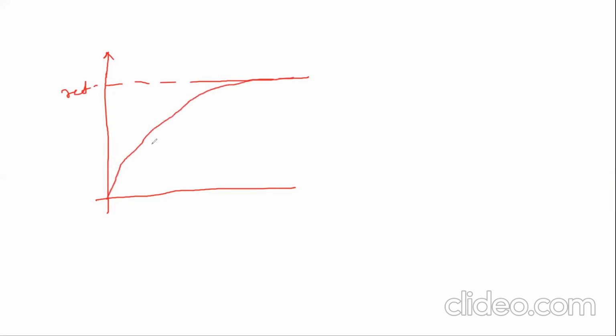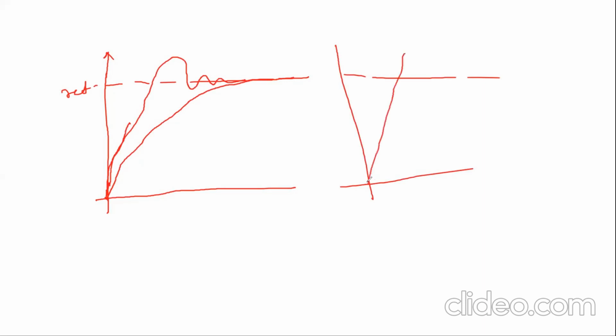In case of closed loop control, you have studied in control systems that, suppose this is the reference, the response may be overdamped, it may be underdamped, or it may be undamped. Here I will show the undamped case in another figure.